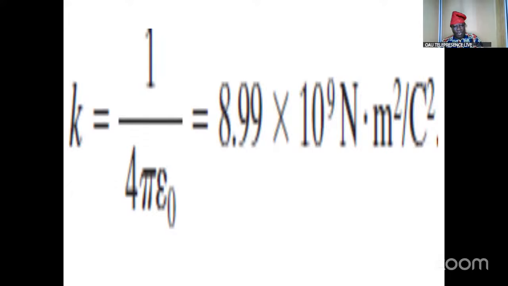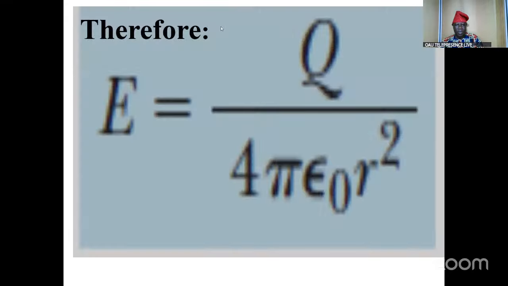Don't make the mistake of replacing the value of K for epsilon naught. They are not the same. So you see the equation where the value is given.